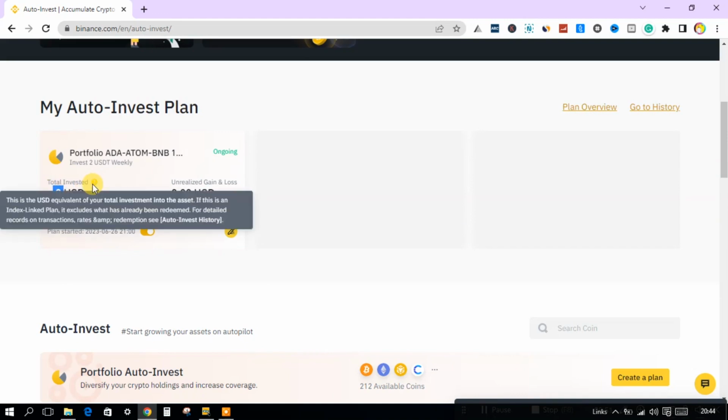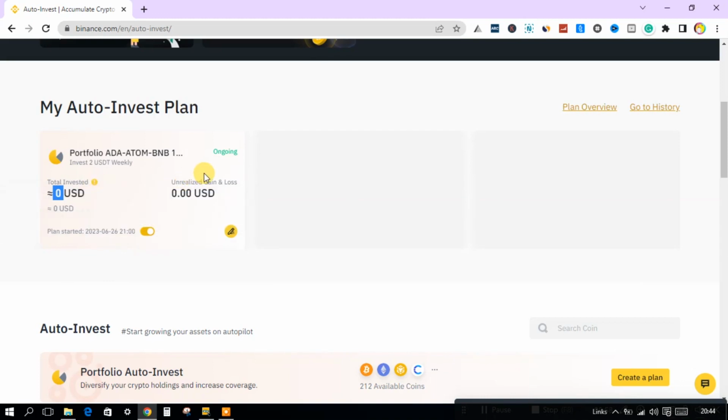So guys, this is how you create Binance Auto Invest, and after 24 hours they are going to lock your money and reinvest it, and each and every day they are going to bring you a profit depending on the type of asset that you choose. If you choose 24 hours, this plan will expire after 24 hours. If you choose 1 week, after 1 week this plan will expire, and you'll be able to withdraw your money and spend it on whatever you want.